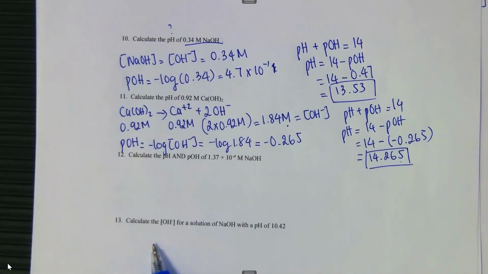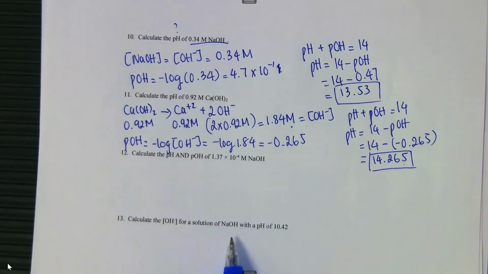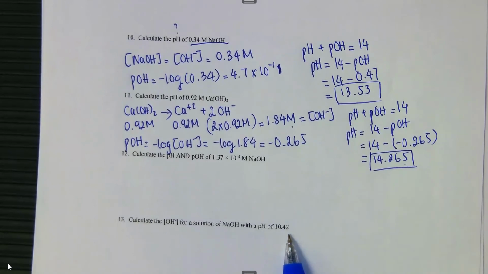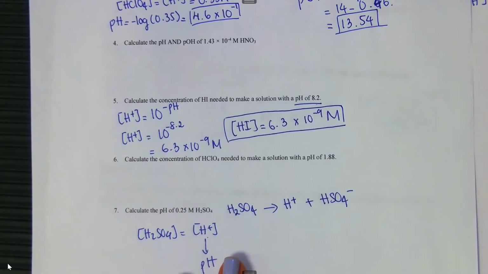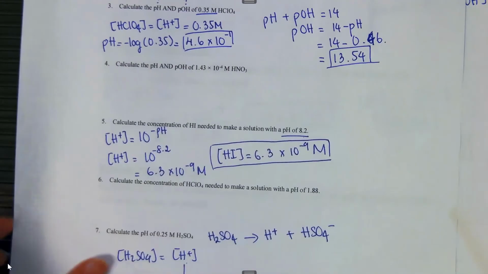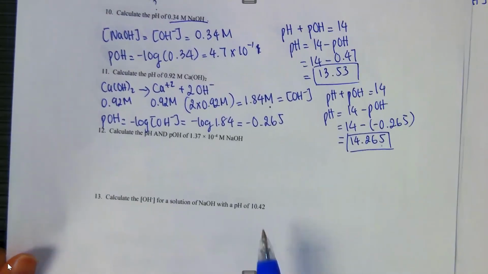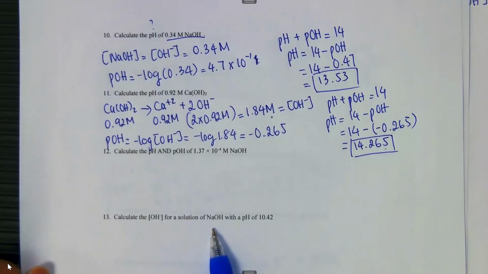Number 13 asks you to calculate the concentration of hydroxide for a solution of sodium hydroxide with a pH of 10.42. Now, this question is similar to number 5 here, except for this one, because they give the pH for a base, we need to do something extra.